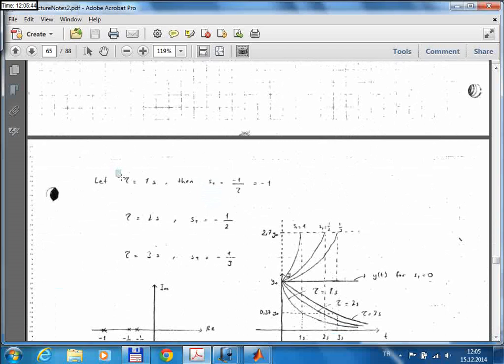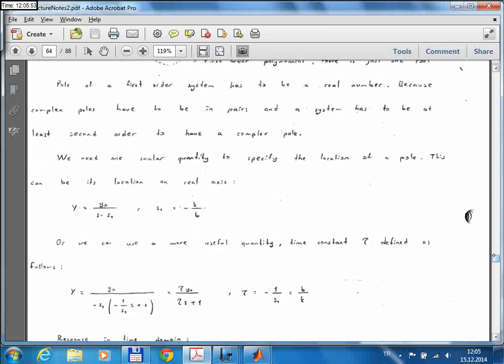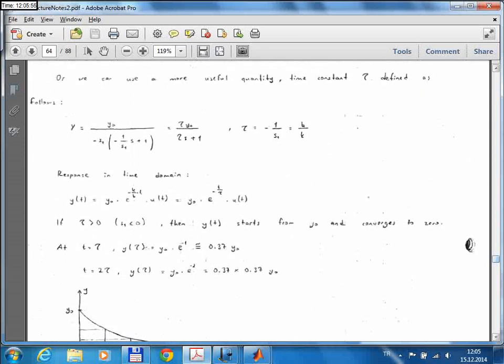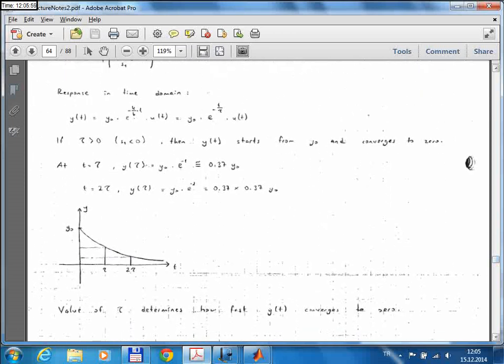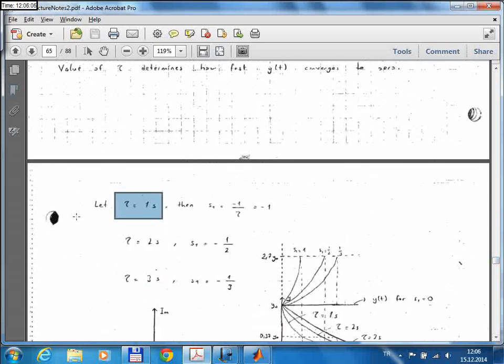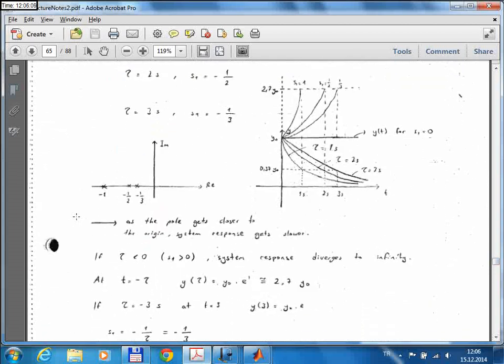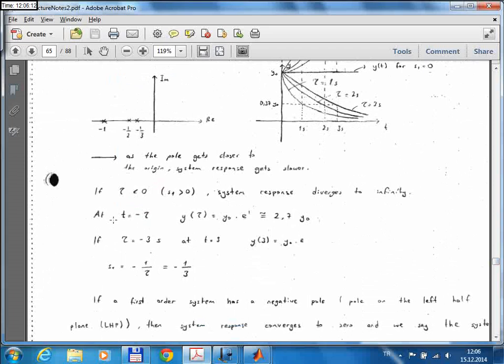In fact, if let's say the time constant is minus 3, at t equal to minus tau, which means t is equal to 3 seconds, the response will be y0 times e to the power plus 1, that means approximately 2.7 times y0.